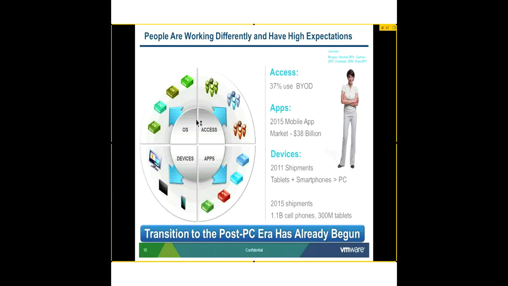Also sometimes euphemistically called EOIT, employee-owned IT. What it means is instead of the company providing the device you're using, it's one that you provide. 37% of employees in corporations are doing that. In 2011, the number of shipments of tablets and smartphones exceeded the number of shipments of personal computers. So we're already moving toward a post-personal computer era.